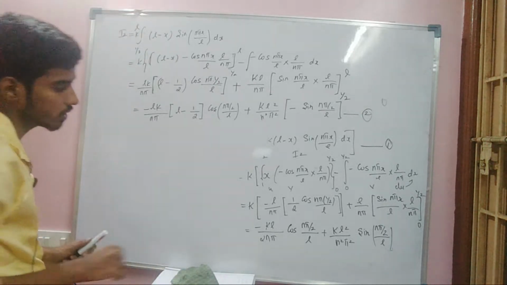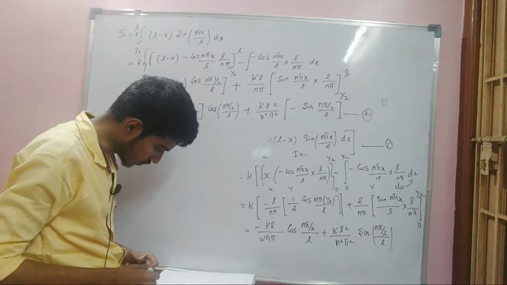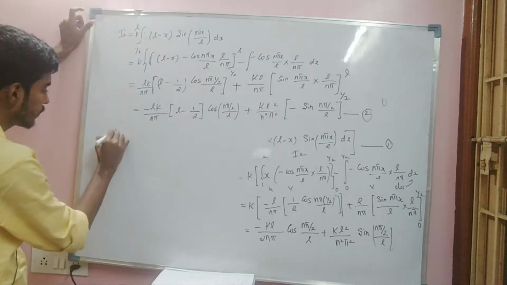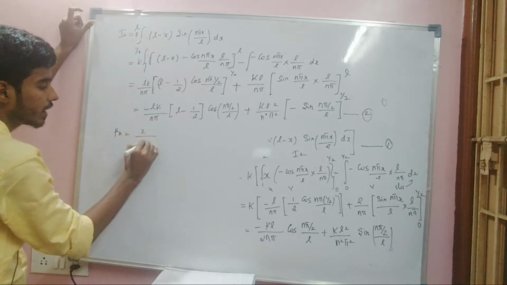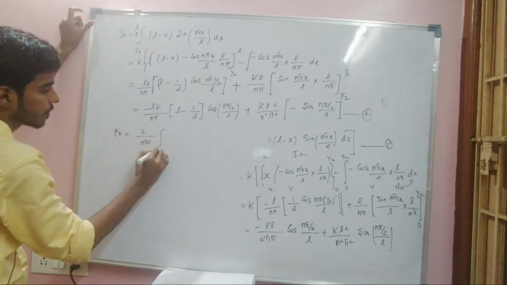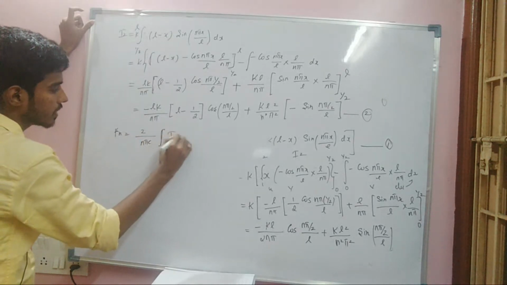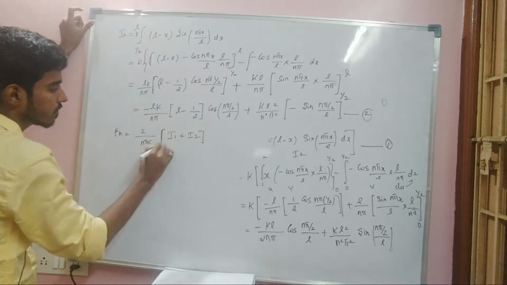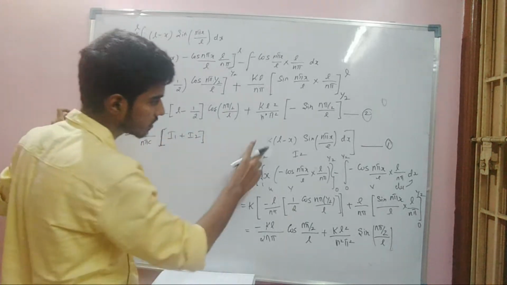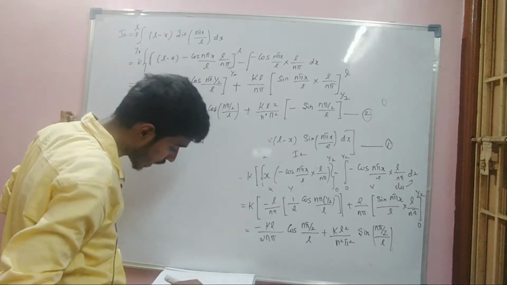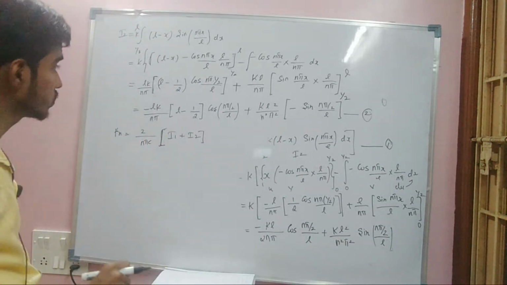So we have found I1 and I2, right? So I need to substitute here, where Fn is equal to 2 by n pi c times I1 plus I2, right? This is what our Fn is. I have renamed this to be I1, this to be I2. So I need to substitute.